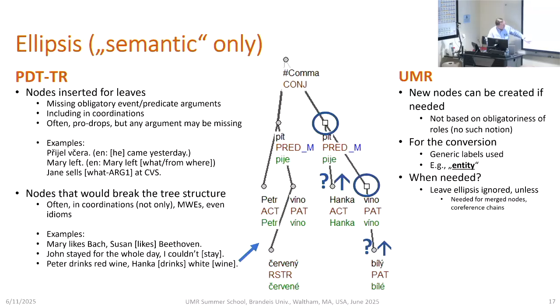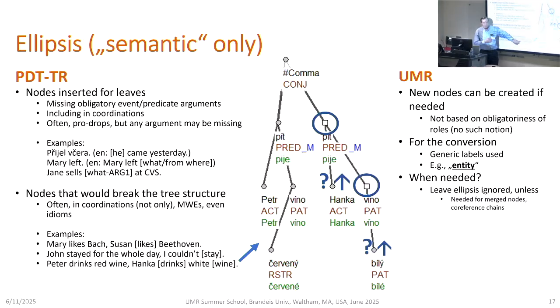It says that Peter drinks red wine and Hanka white. So there are two such nodes which would make the sentence fall into pieces, because we first need the predicate, which means that Hanka also drinks, which is understood from the context, and that she drinks not white chocolate or white something, but white wine.